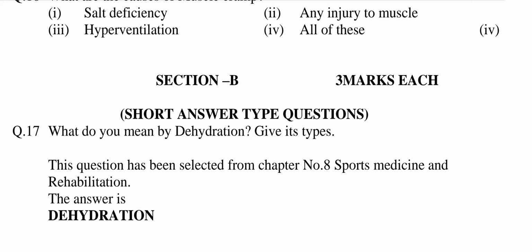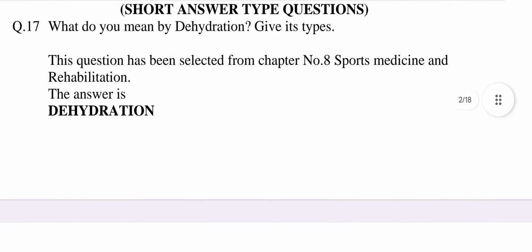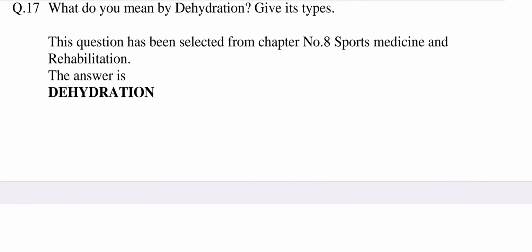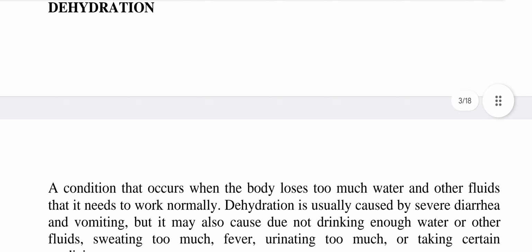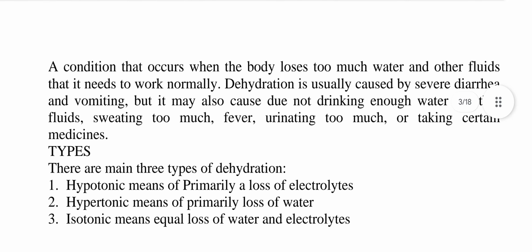Give its types. This question has been selected from chapter number 8, Sports Medicine and Rehabilitation. The answer: dehydration is a condition that occurs when the body loses too much water and other fluids that it needs to work normally.